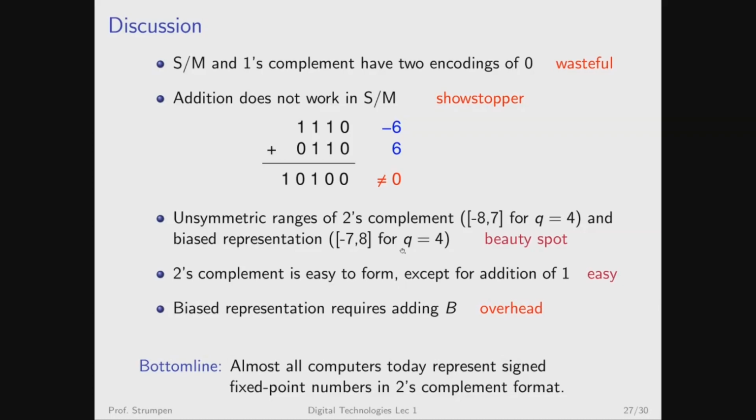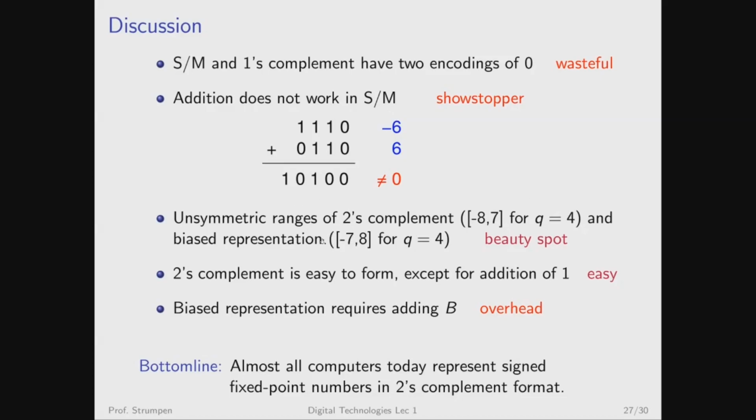The 2's complement has unsymmetric ranges, right? It goes from -8 to 7 for 4-bit binary numbers. And for bias, it goes from -7 to 8. But it has 1 zero representation only, and addition works just fine.